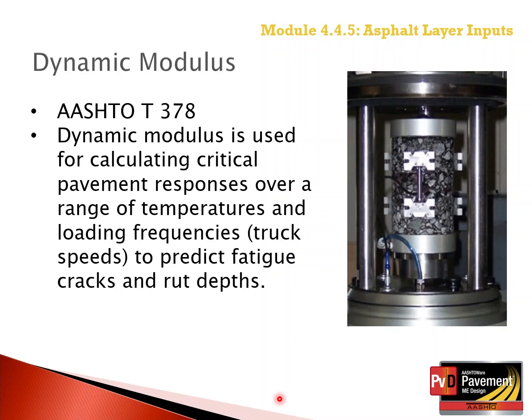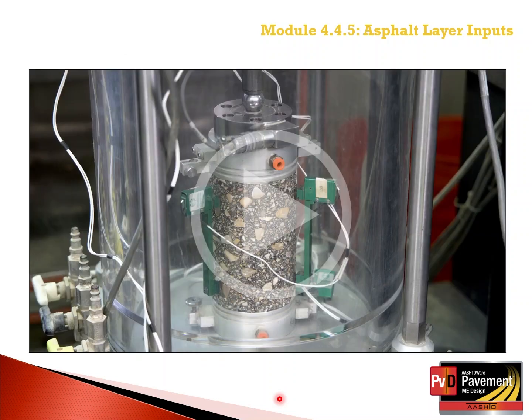The phase angle of the mixture is also measured during testing. This slide includes a short video clip of the dynamic modulus test. There's not much to see in terms of the response of the test specimen because the load and measured deformations are small to ensure the load does not damage the test specimen.